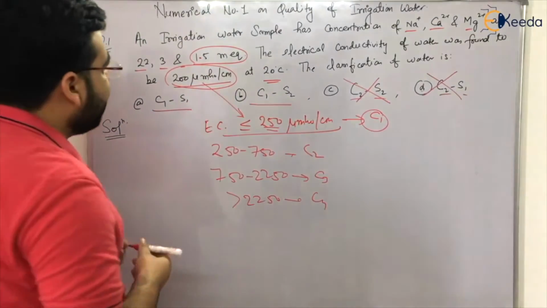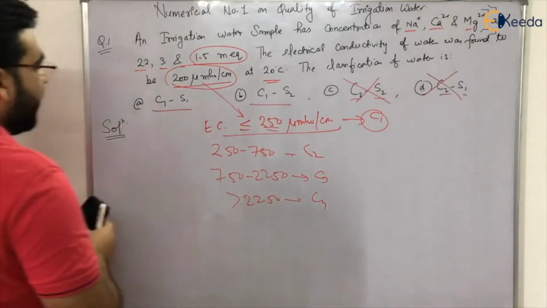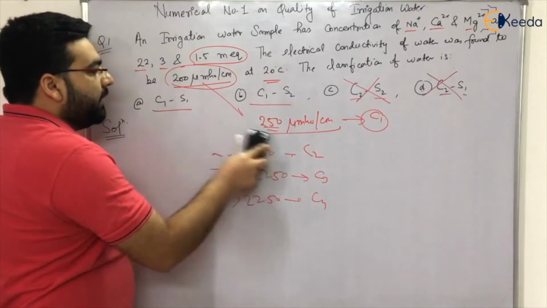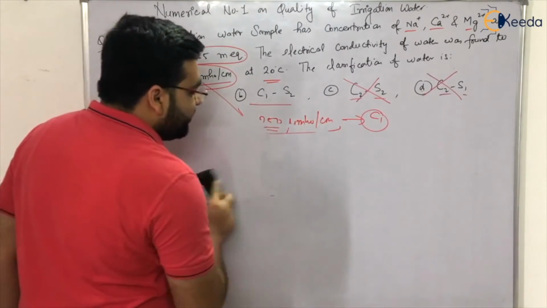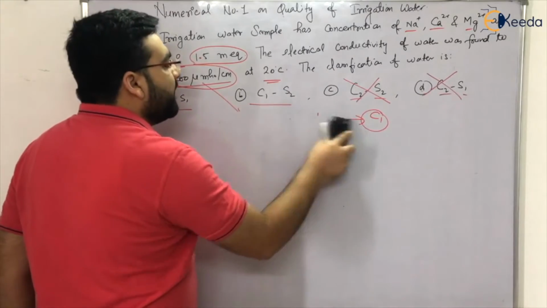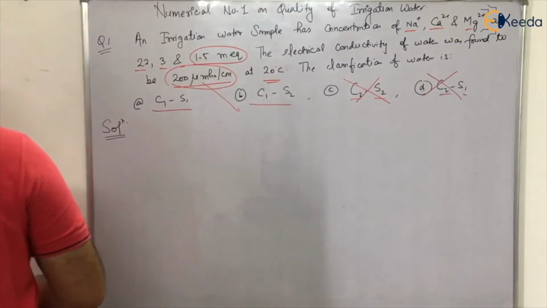Now let us calculate the value of S1 or S2. If you remember, whether it is S1 type of water or S2 type of water, it is determined with the help of the sodium absorption ratio, SAR, right? So now let us calculate the SAR ratio.